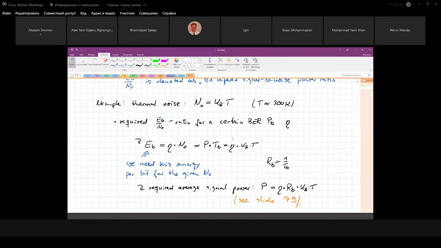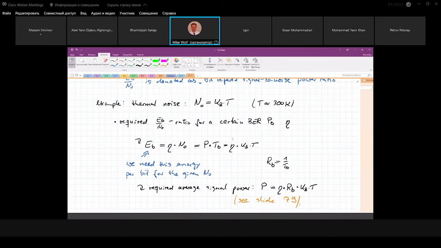Bandwidth. Average, it's the average energy per bit.